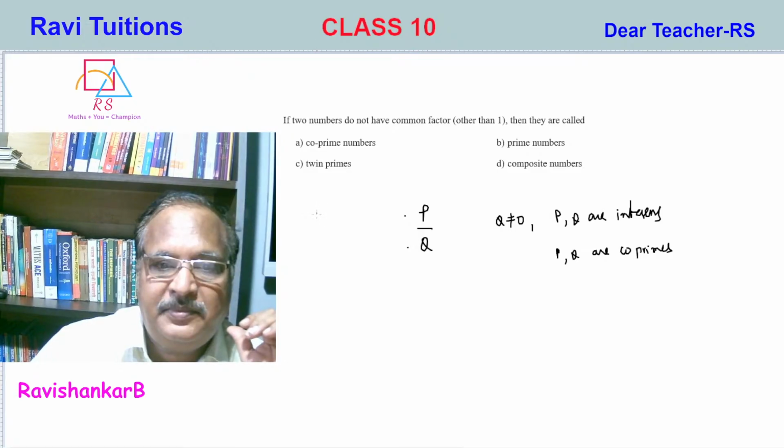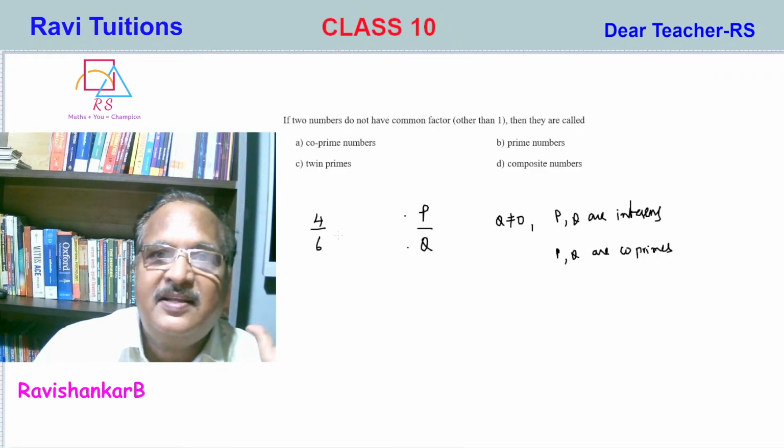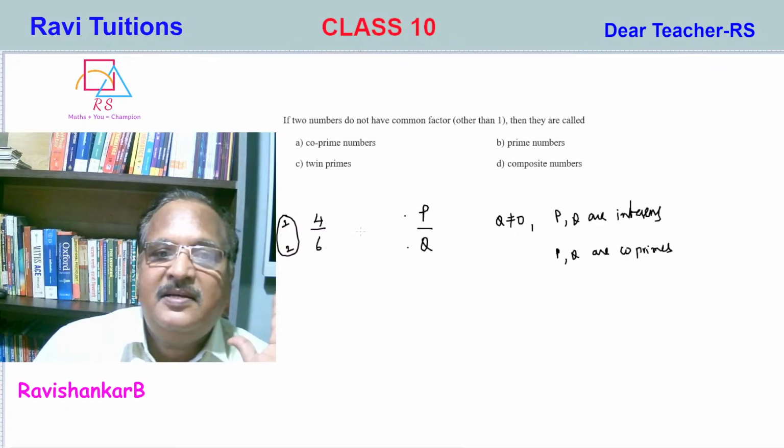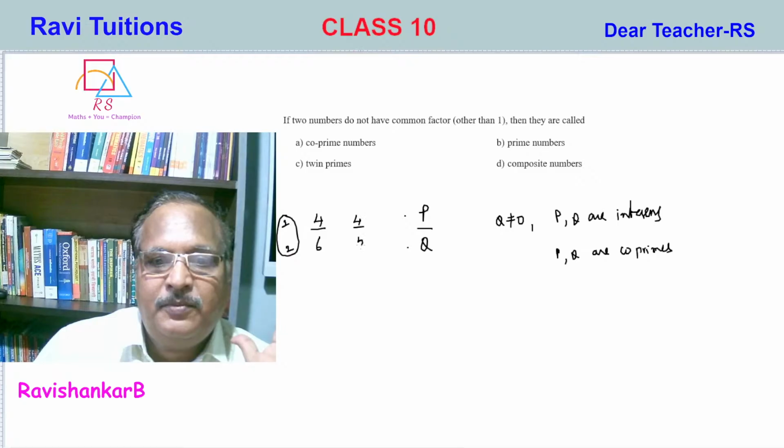For example, 4 and 6. 4 and 6 are not co-prime numbers because 2 is a factor of 4 and 2 is also a factor of 6. A common factor is there in p and q. So 4 and 6 are not co-prime numbers. You take 4 by 5.